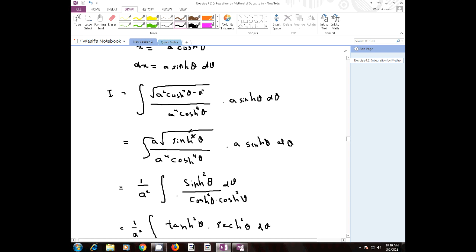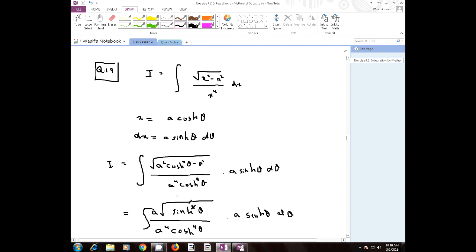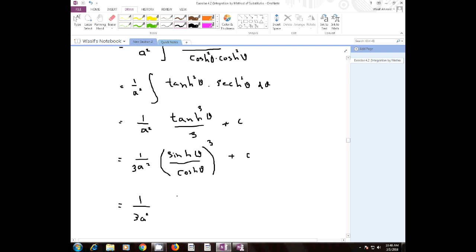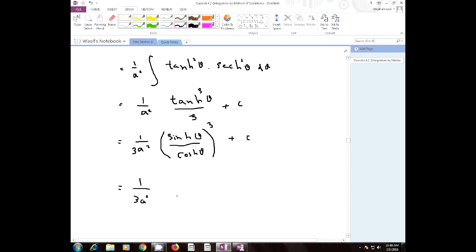Since we have substituted x equal to a cos hyperbolic theta, we can write sine hyperbolic theta in terms of cos hyperbolic theta, and we know how we do this. This is equivalent to cos hyperbolic square theta minus 1 whole square root, and divide by cos hyperbolic theta, whole raised to the power 3 plus the constant of integration.